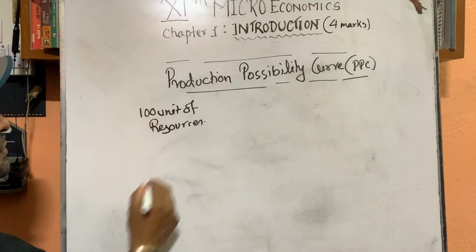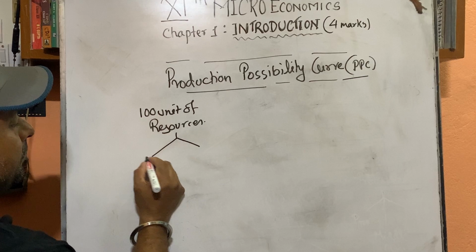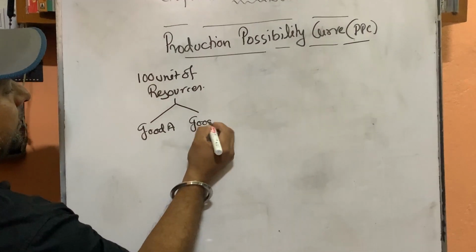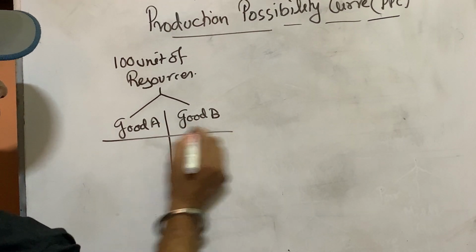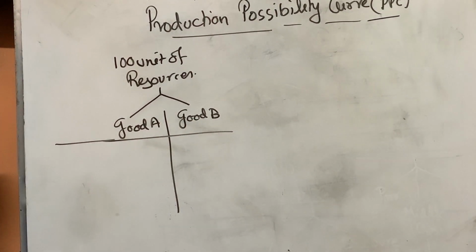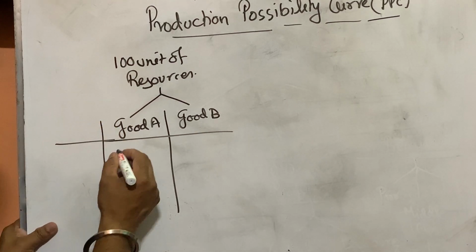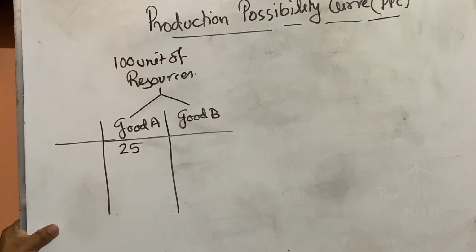By using the resources we can produce, suppose, two goods, good A and good B. Now suppose if we use all the resources in the production of good A, suppose we can produce 25 units of good A.